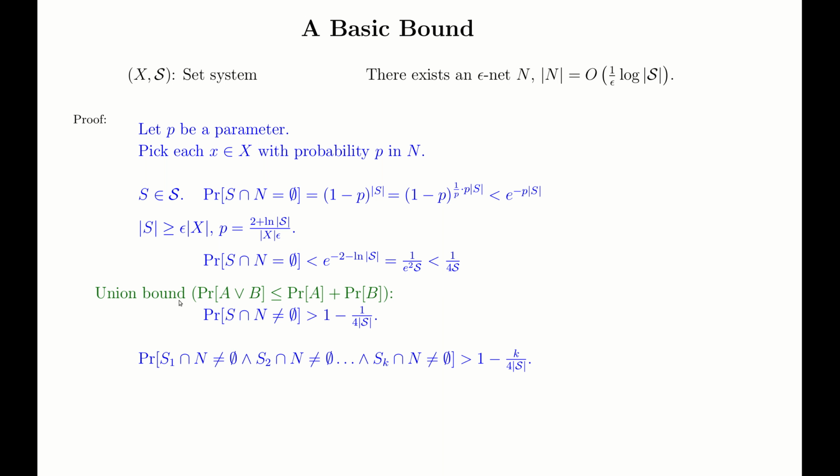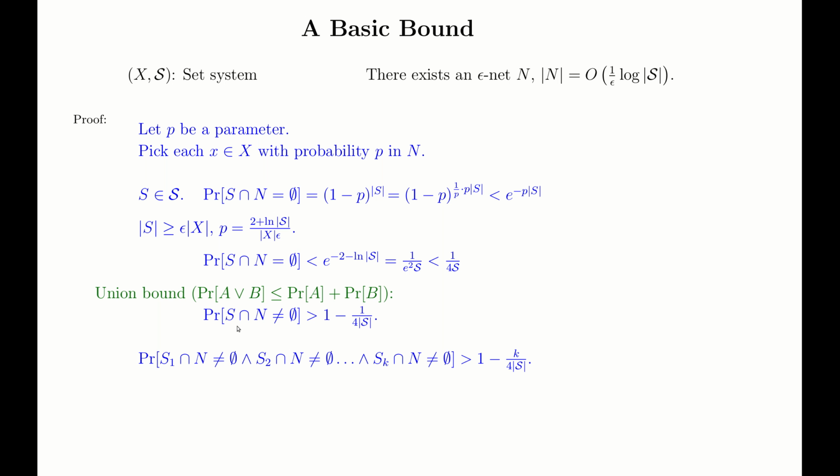The union bound officially says the following: the probability that one of the two events happens is at most the probability that the first event happens plus the probability that the second event happens. By simple equations, such as the probability of an event happening plus the probability of an event not happening always equals 1, we can work out the union bound to give you the following.